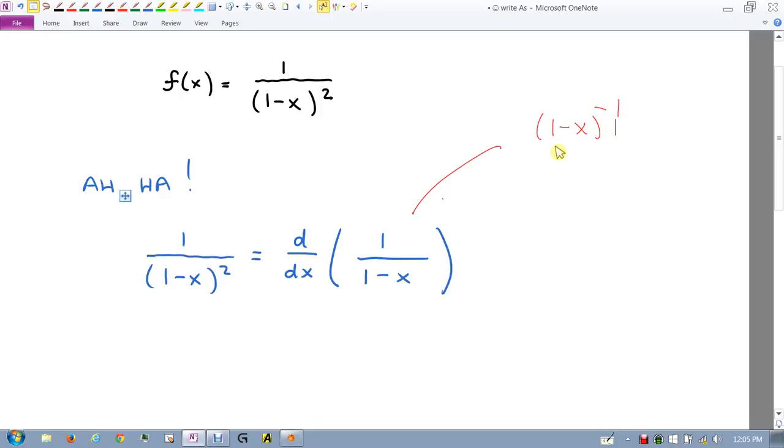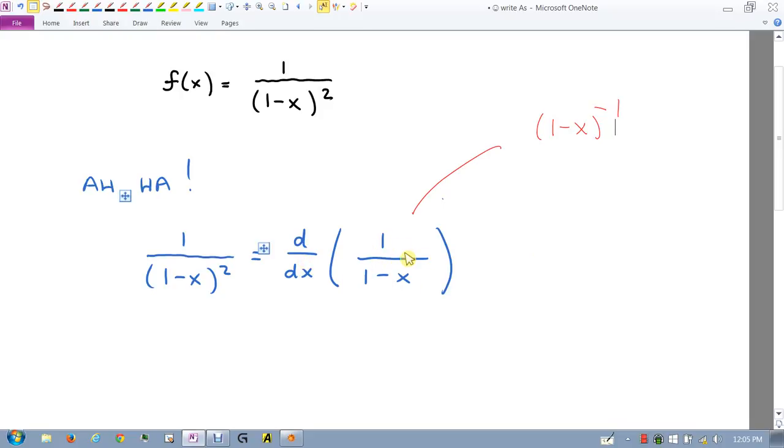And if I take the derivative of it, the negative 1 would come out. You do this to the negative 2. Then chain rule, you'd multiply by the inside derivative, which would be negative 1. That would hit the negative 1 that came out, and you'd have a positive 1 over 1 minus x squared. Yes? Okay. So I just happened to realize that this is the derivative of that. Yes?